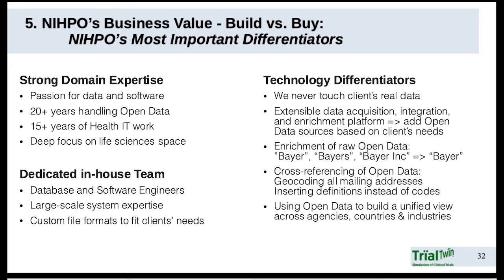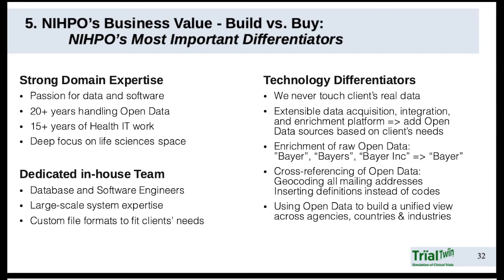Our technology differentiators: number one, we never touch the real data. We don't take real data and extract patterns from it. We go the other way. We generate scientifically accurate synthetic data without ever touching your own internal data. And this data acquisition is extensible, so we can add other open data sources based on your needs.